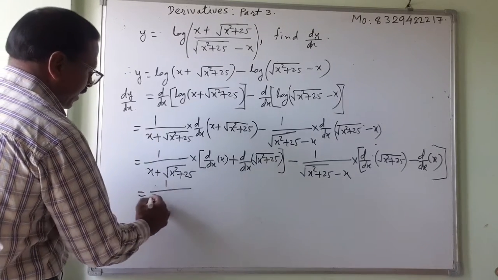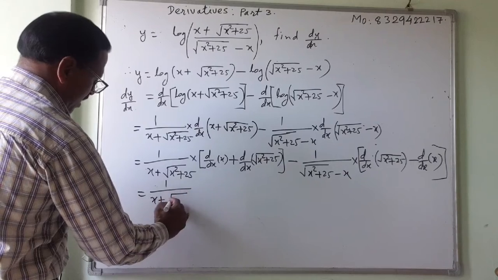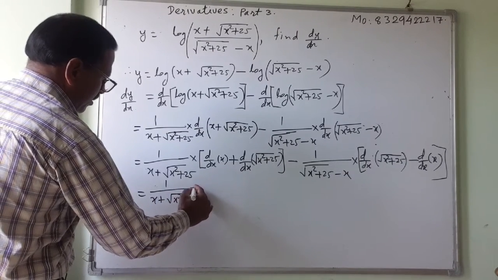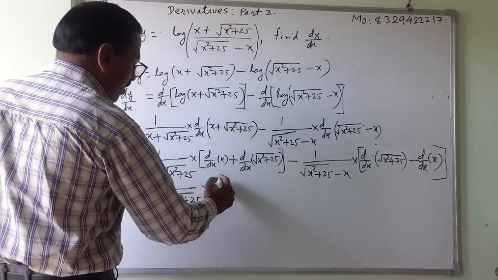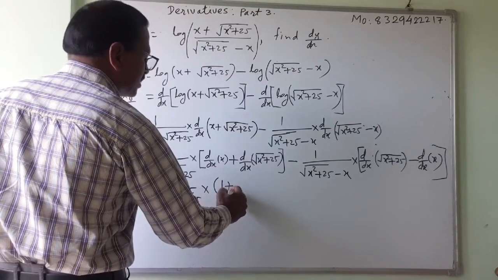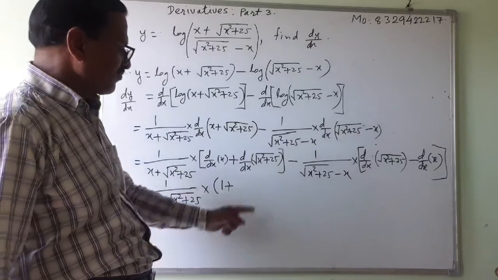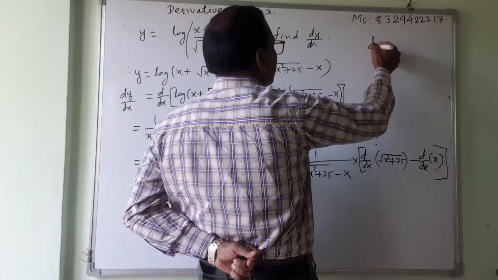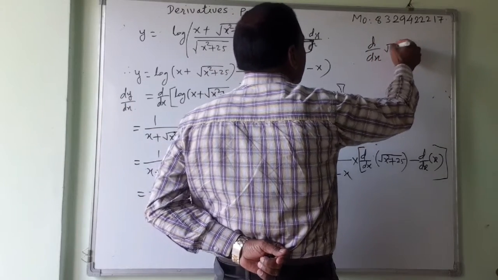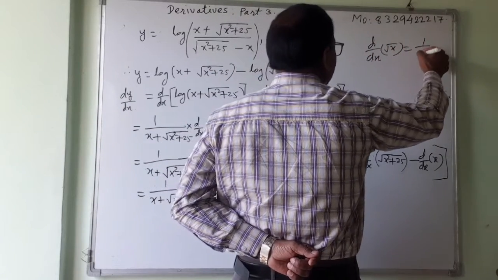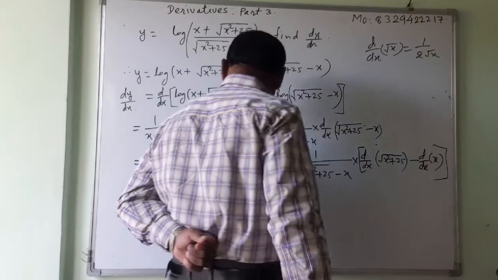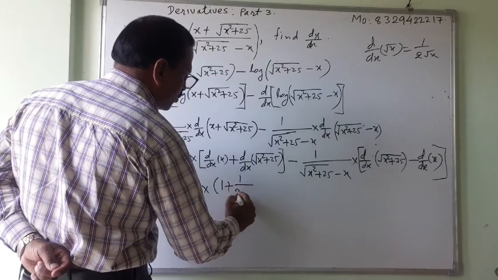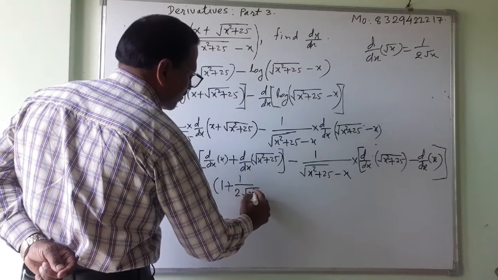1 upon x plus under root x square plus 25 into the derivative of x, which is 1, plus, here also there are two functions. First function is root and then the next. d by dx of root x is equal to 1 upon 2 root x. That way the derivative of this root will be 1 upon 2 root of x square plus 25.